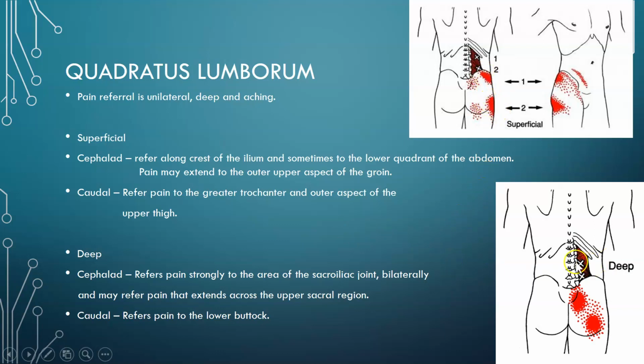Deep, we have an upper cephalad and a lower caudal. The cephalad refers pain strongly to the area of the sacroiliac joint bilaterally and may refer pain that extends across the upper sacral region. The caudal trigger point of the lower part can refer pain into the lower buttock. Get to know these guys because you're going to find them a lot in your patients.